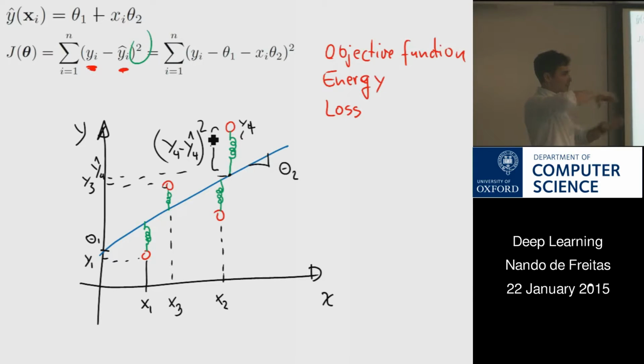We're trying to find a minimum energy configuration for this line. You can actually implement this with springs if you want. If I try to twist the line and let it go, it will converge at one point of minimum energy. And there is only one such point, as we will see soon. And that's essentially how this works.